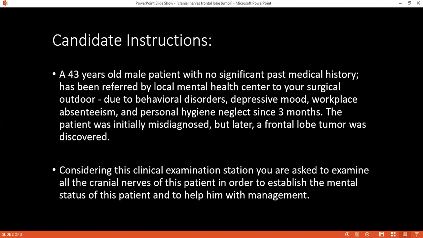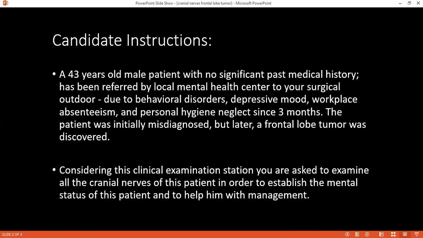Okay, today I examined this gentleman, 43 years old. He can't look laterally. This indicates abducens nerve injury on this side, and he has low visual acuity on both sides.